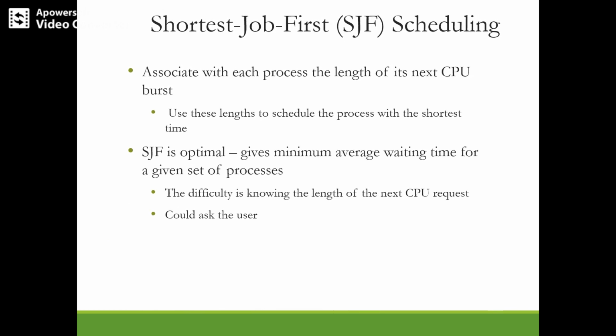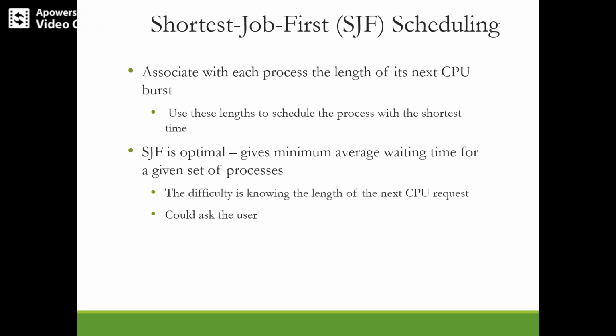Let's see about this kind of scheduling algorithm. Here we have two different versions, preemptive and non-preemptive. In SJF, this is a different kind of approach in which the algorithm associates with each process the length of its next CPU burst.